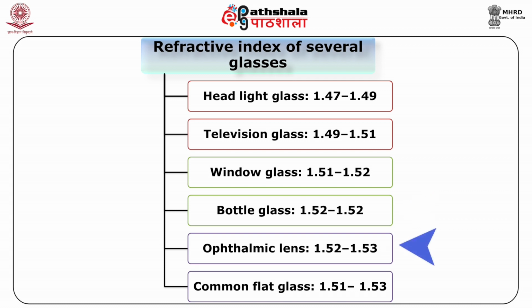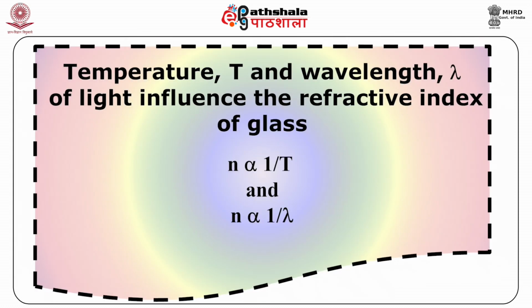Ophthalmic lens: 1.52 to 1.53. Common flat glass: 1.51 to 1.53.